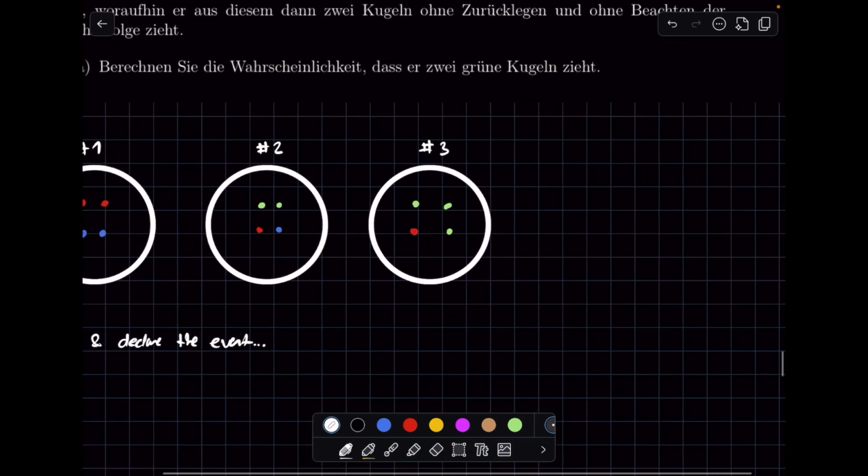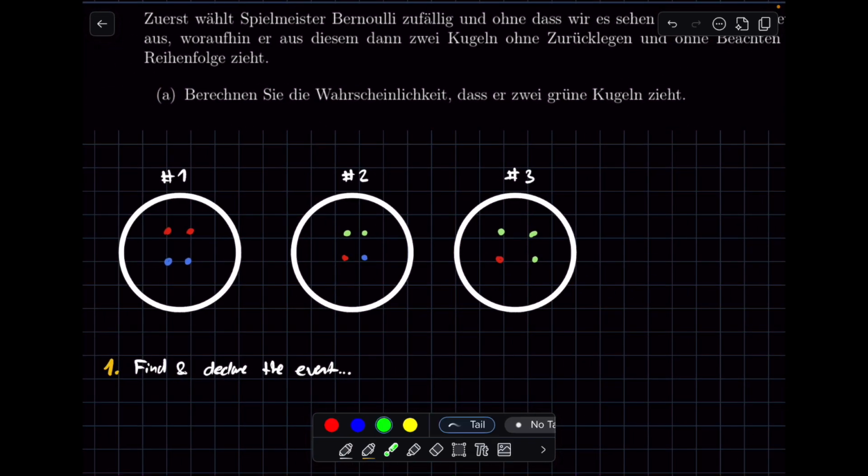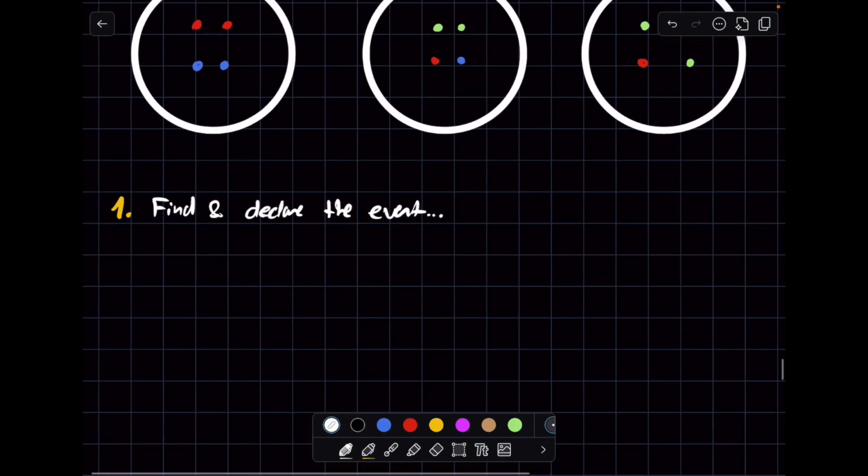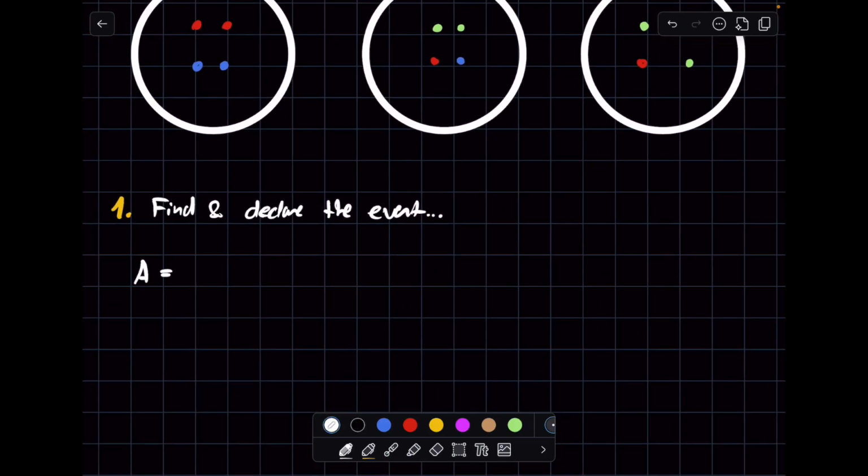In this case, we know for a fact that he takes out two green marbles, meaning the event is that we take two green marbles. Two green marbles are taken. That's it. And now we want to find the probability of this.